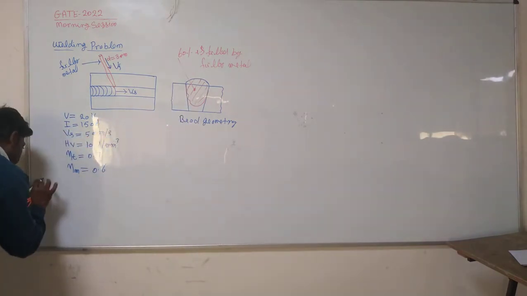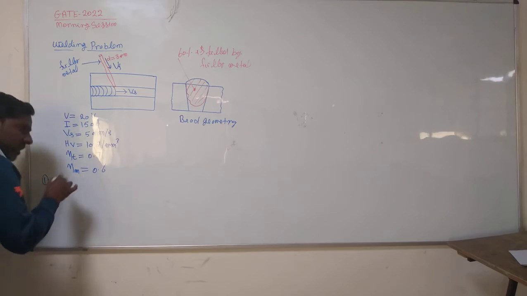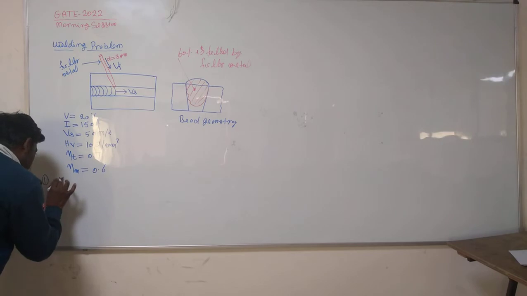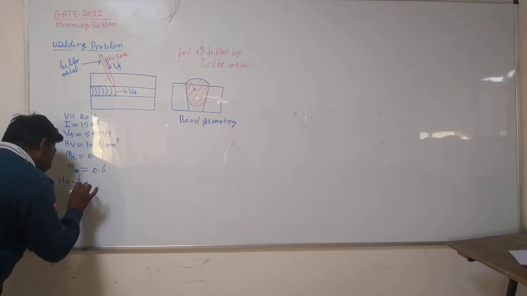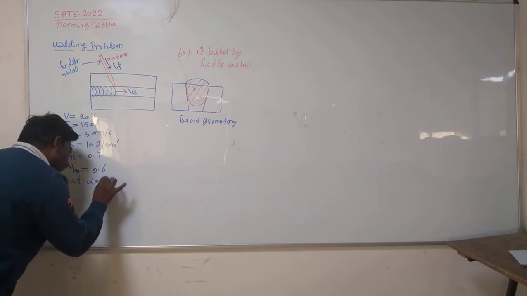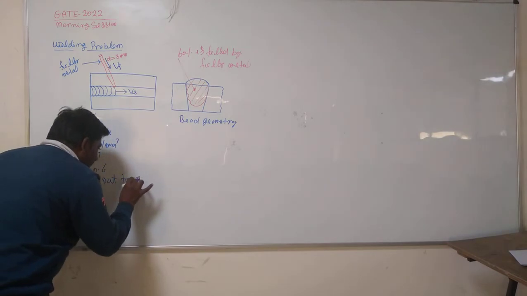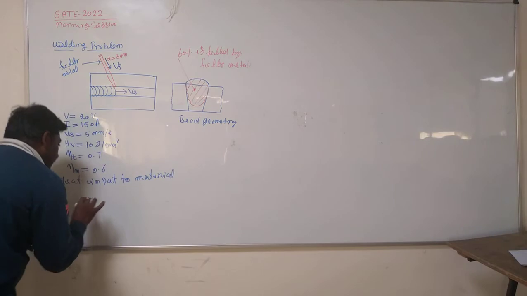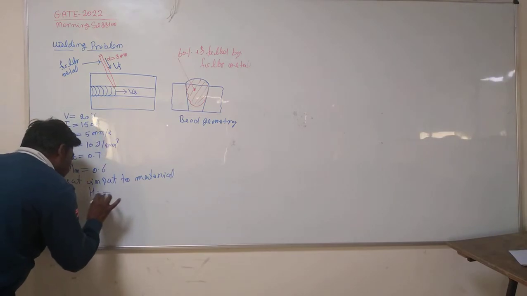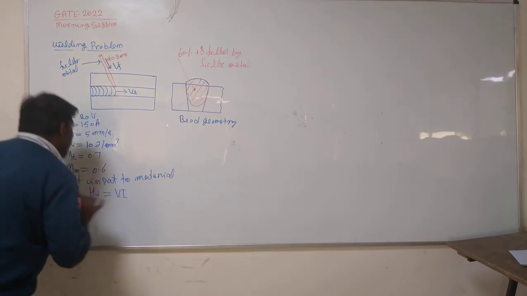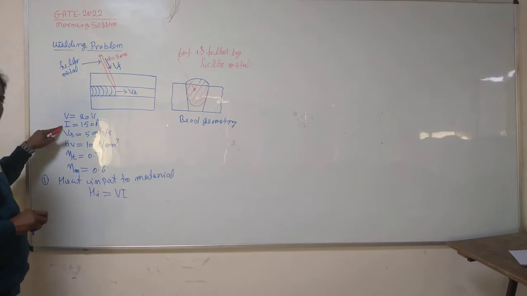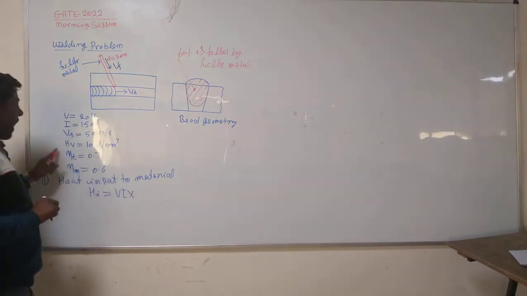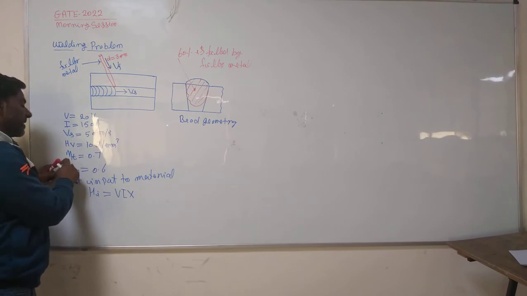For this, first of all, you calculate the heat input, the heat needed. First, heat input to material, let us say this is HI. So this is V into I, because the voltage and the current are given. Also the heat transfer efficiency is given.